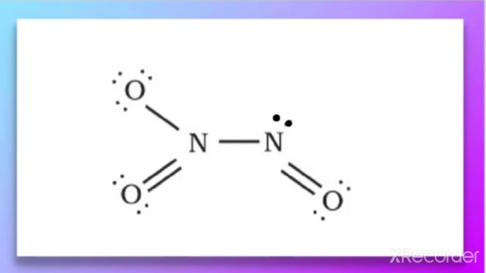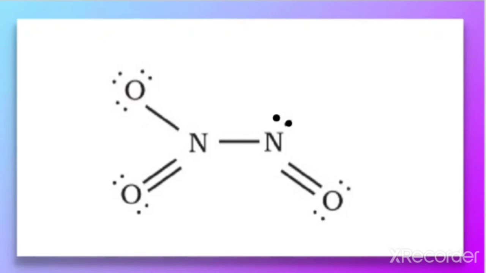So we learned three structures: the structure for NO2; when we dimerize, it gives N2O4; when we remove one oxygen, we get N2O3.